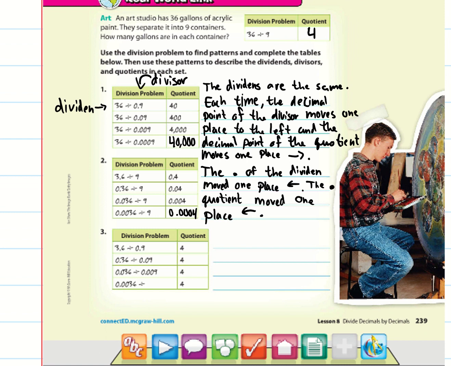So number 3, we have 3 and 6/10 divided by 9/10 is 4. 36/100 divided by 9/100 is 4. 36/1,000 divided by 9/1,000 equals 4. And 36/10,000 divided by 9/10,000 is also going to equal 4.